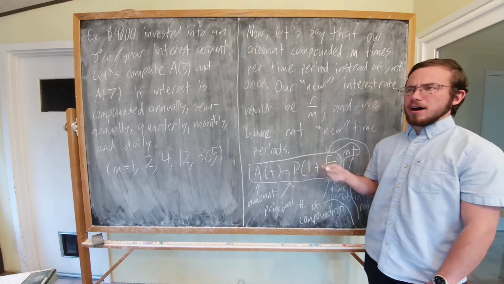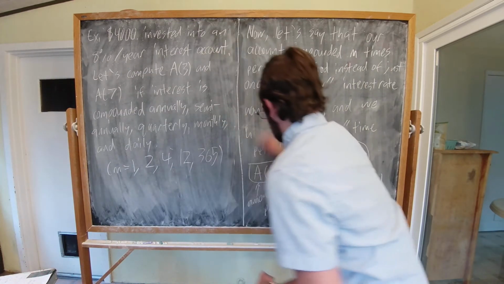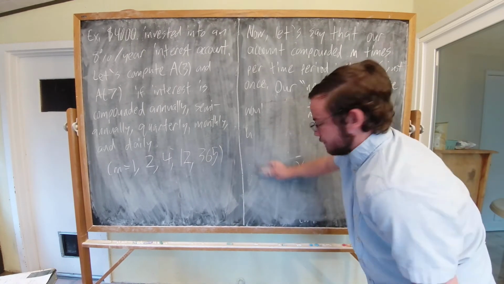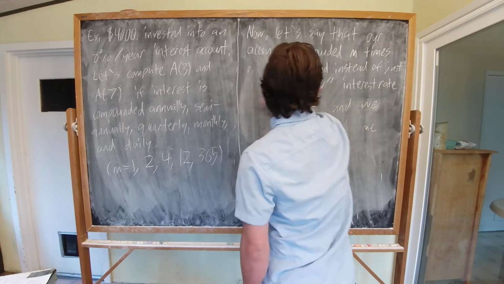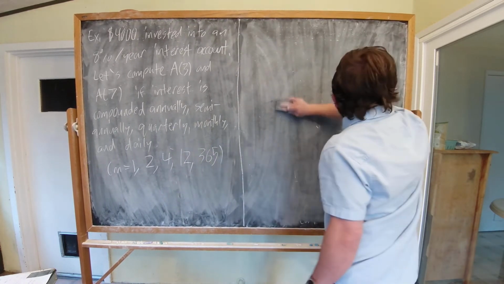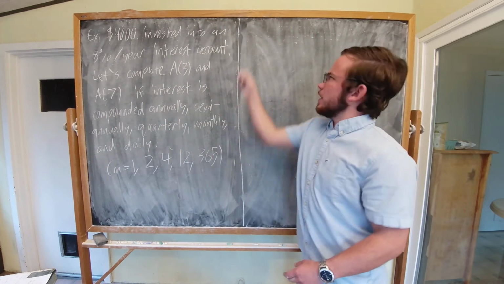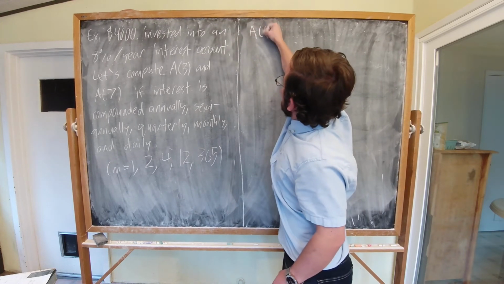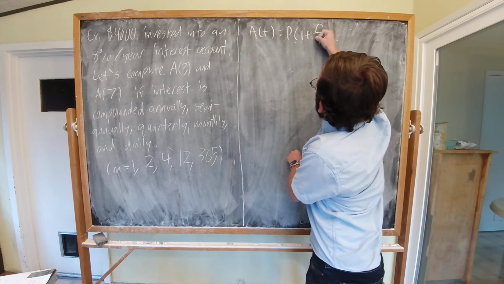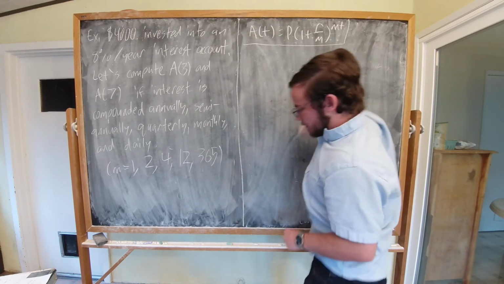I'll write it up there and we'll start referencing it. Your general formula is A of t is equal to P times (1 plus R divided by M) to the MT power. Grab some new chalk.